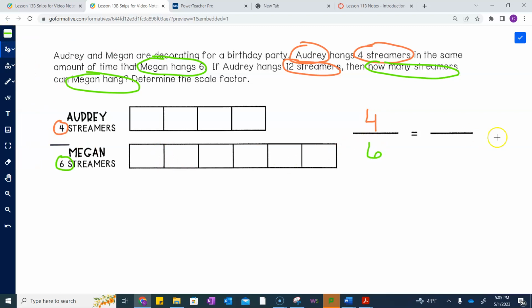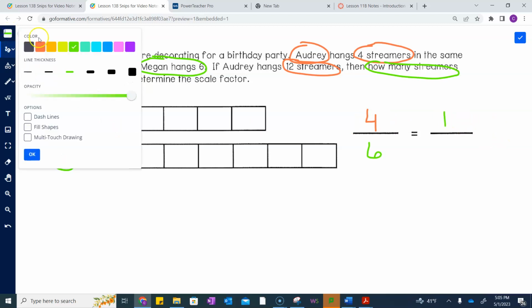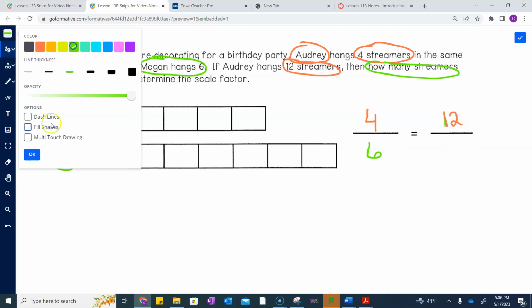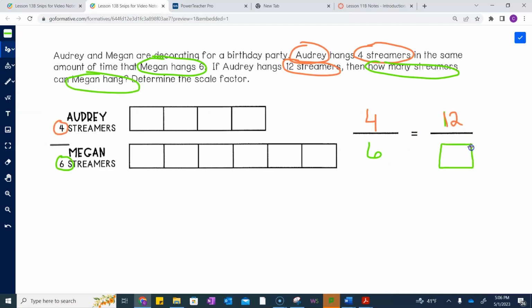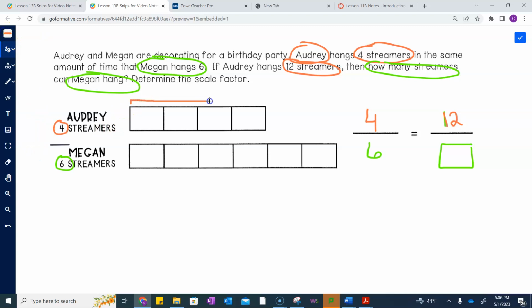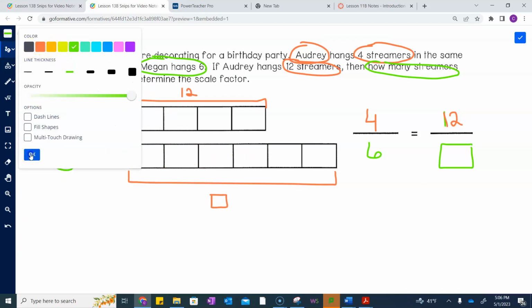So we want to figure out if Audrey is able to hang 12 streamers, then how many streamers can Megan hang in that same amount of time? Well, it's going to be more than 12 because Megan hangs hers a little faster. So initially this represents 4. However, we're going to change it up a little bit. We're going to say now this represents 12 streamers. And we want to know how many streamers are going to be on this diagram if Audrey can do 12.